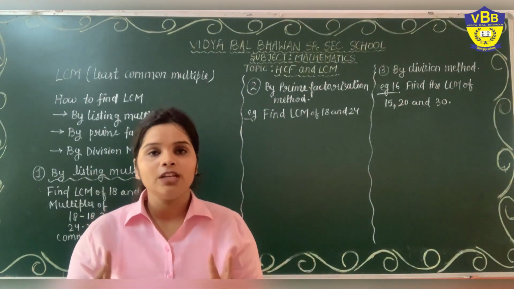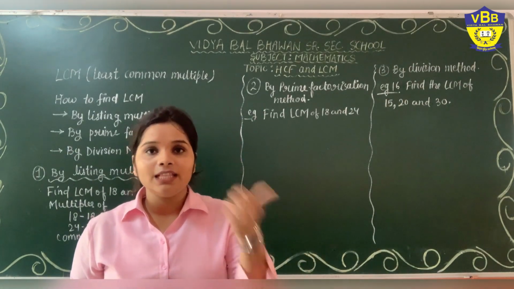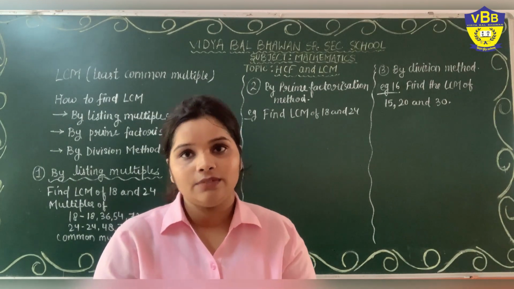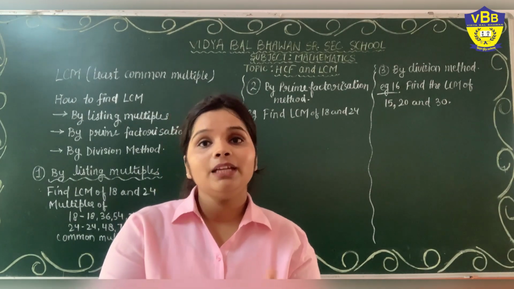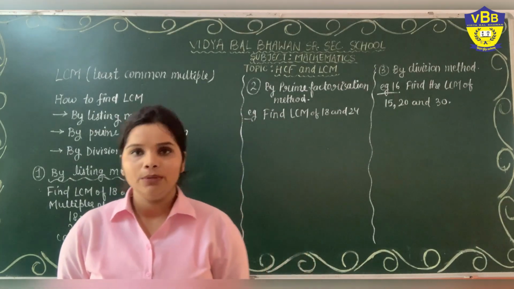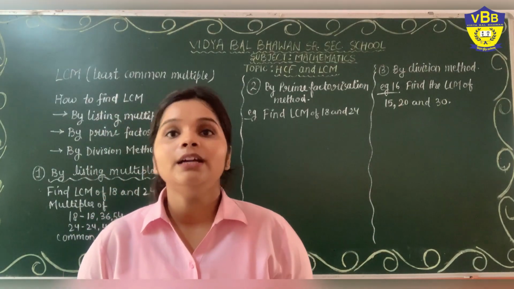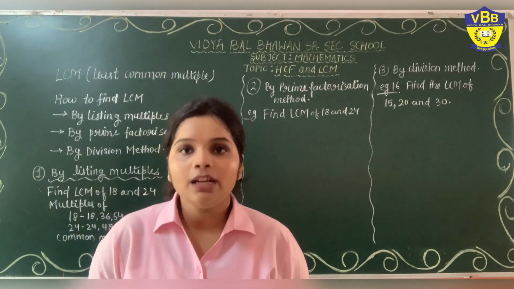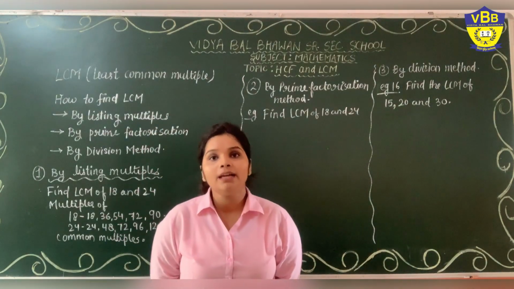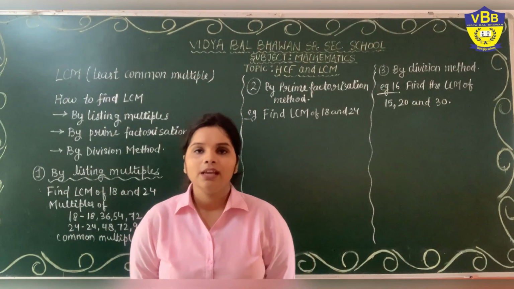Here is the difference between HCF and LCM. HCF is the number which will divide the given numbers. And LCM is the dividend. Whatever LCM comes, that particular number can be divided by all of the given numbers.